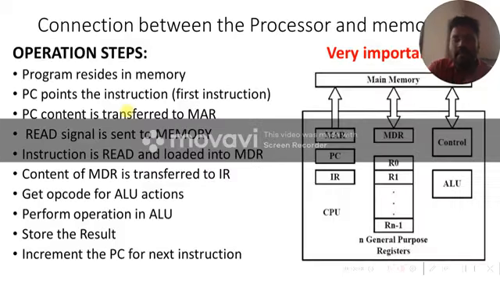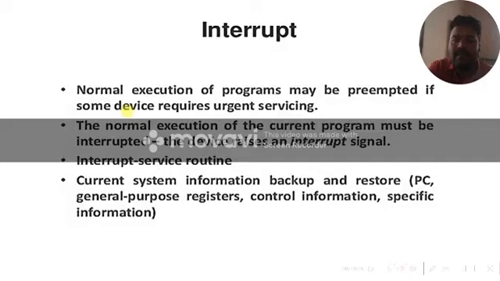Up to this point we have dealt with the connections between different types of registers in correlation with the processor and the main memory. This is what the basic operational concepts carried out in a computer architecture are all about.